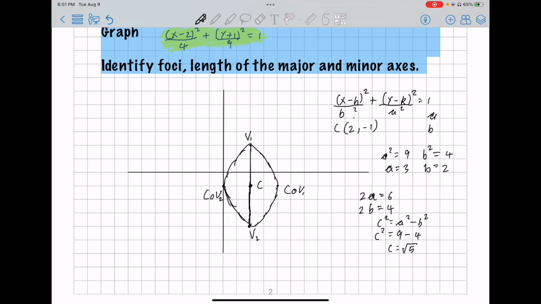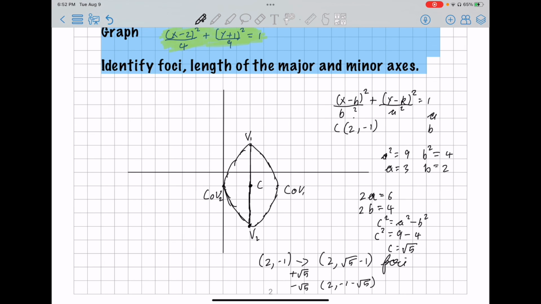So from 2 comma negative 1, we go up root 5 to get 2 comma root 5 minus 1, and we also go down root 5, which gets us 2 comma negative 1 minus root 5. These will be our foci.